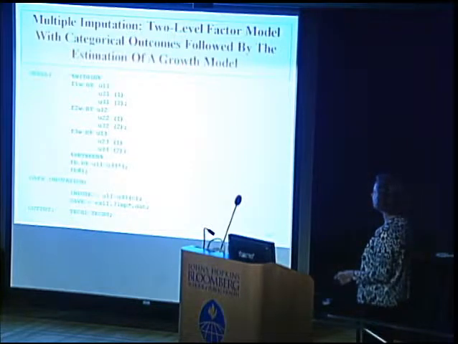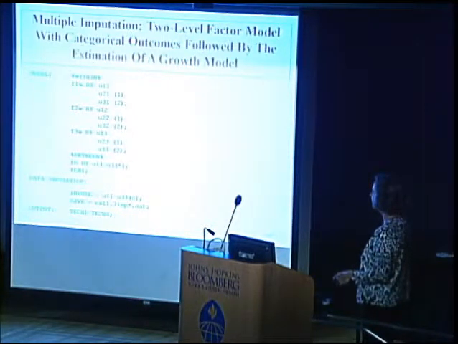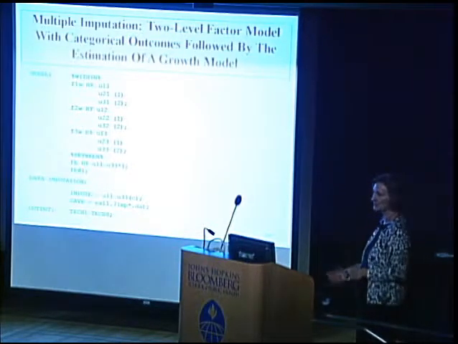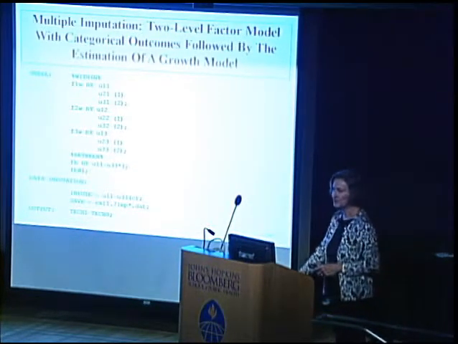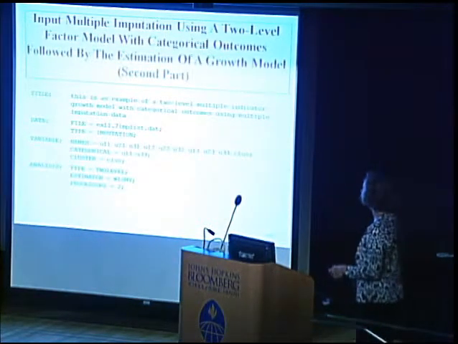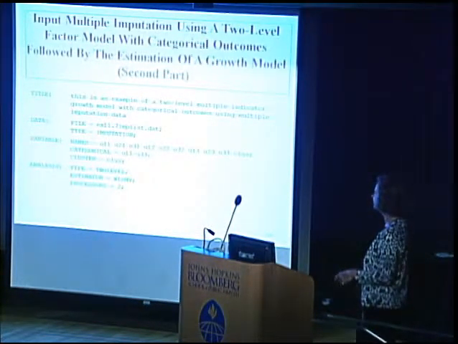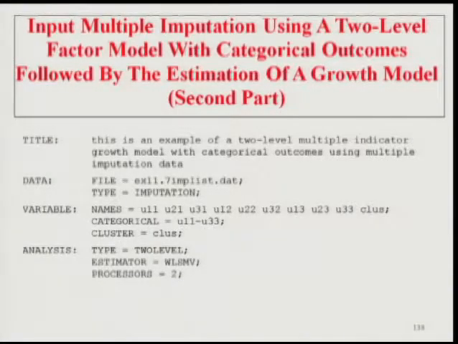Now you're familiar with the data imputation command, impute equals U11-U33, and with a C in parentheses indicates those variables are to be treated as categorical. And then we say save equals, and once again, now you know exactly what that means. So then we've saved the data sets, and now we can go on and do the analysis, and we're using WLSMV. So this is another example of how we can be helped to use WLSMV and also have good missing data handling.